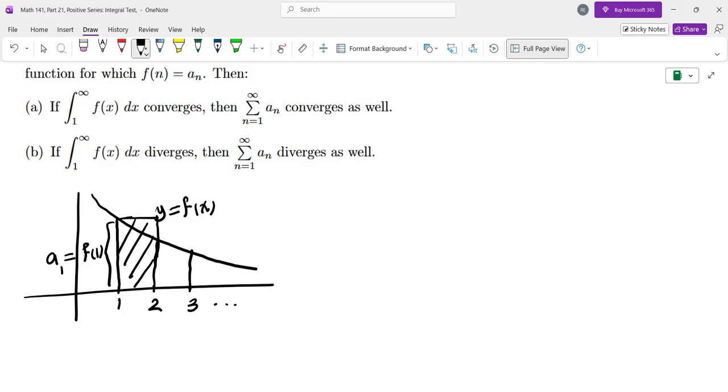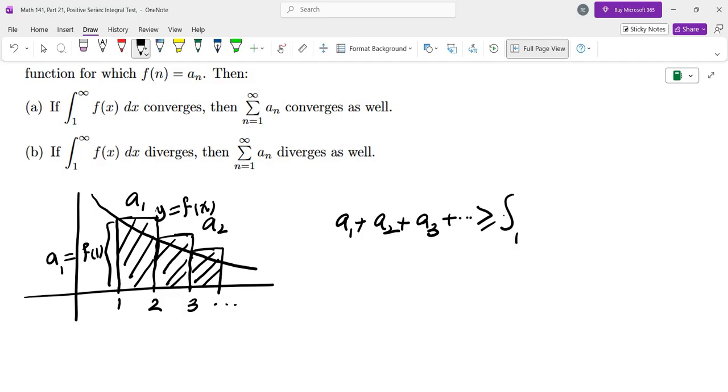So this area is a1, this area is a2, the next area is a3, etc. So a1 plus a2 plus a3, etc. is more than the integral from 1 to infinity of f of x dx.